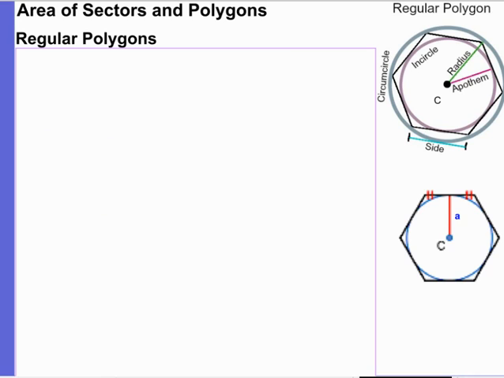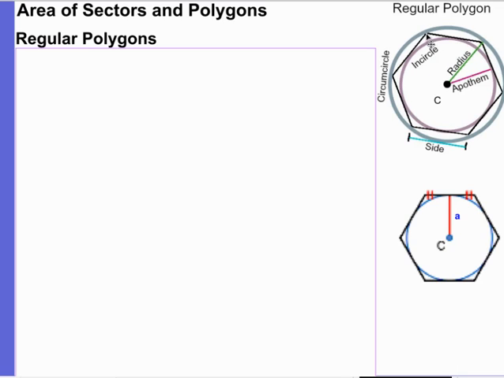Okay, so we have talked about incircles, circumcircles, and regular polygons. So let's go back a little bit to some definitions. A regular polygon is a polygon that has all sides congruent and all interior angles congruent. The circumcircle is the circle that is outside of a regular polygon.